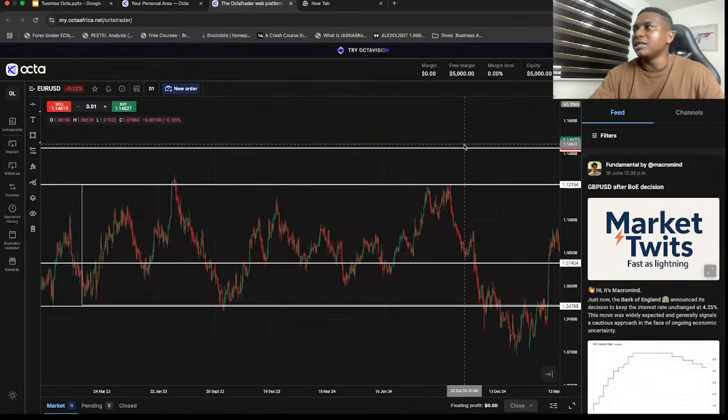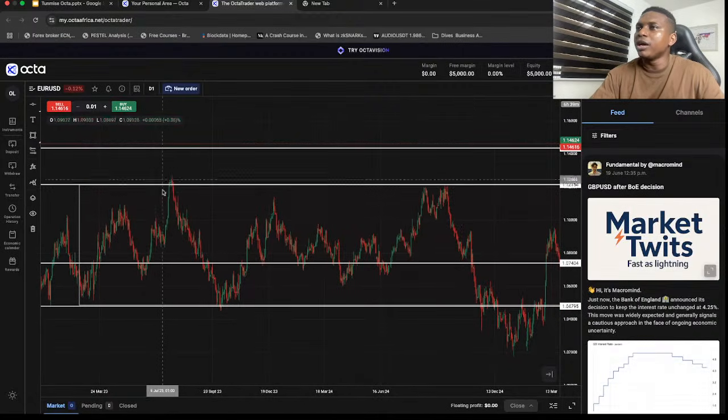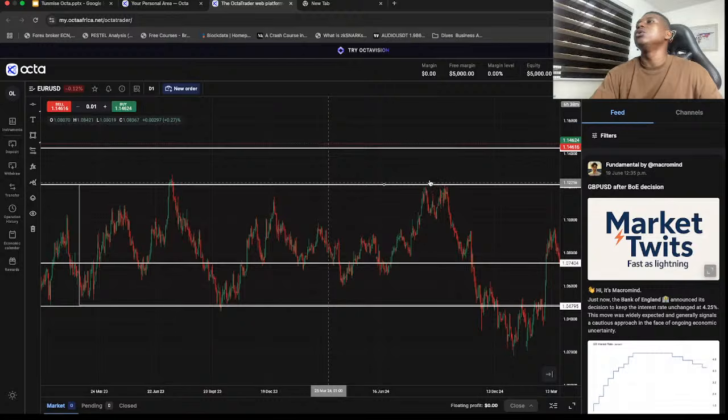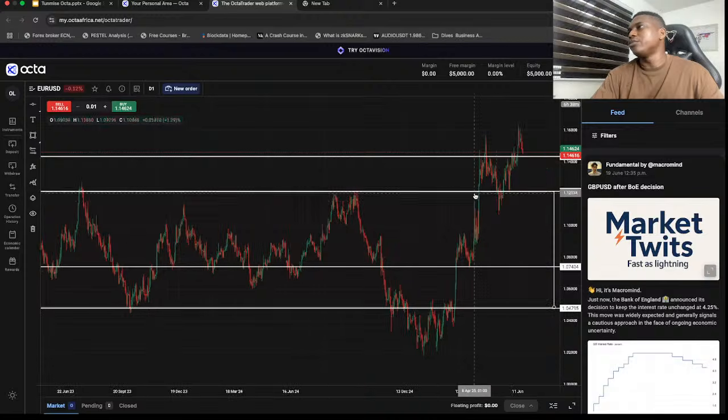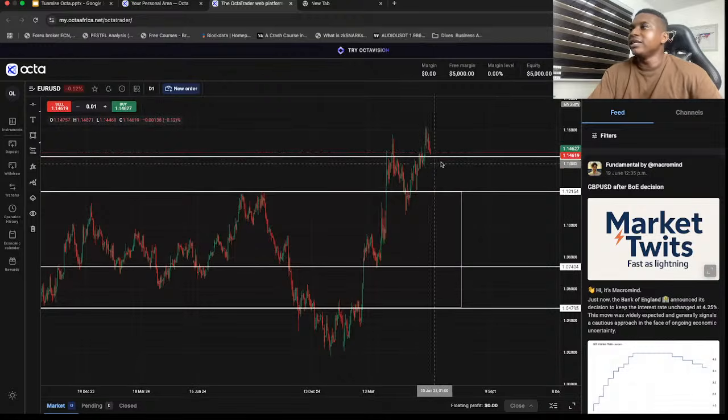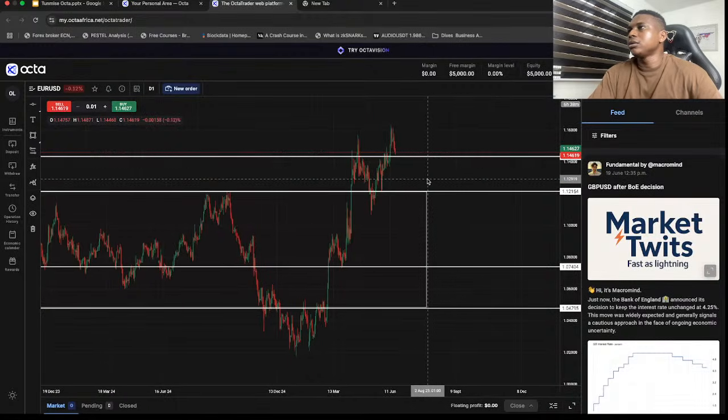We can see price come up here to touch this level, try to come close to this level, touching this level again, up until when price finally gained strength and broke through this level, and then rallied back up, and is currently ranging at this level. So here is where price is currently sitting.